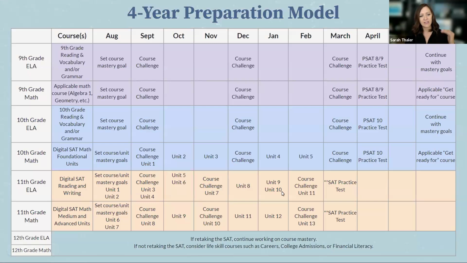And then finally, in this implementation guide, if you're thinking kind of holistically about getting students prepared to take the SAT throughout high school, we offer a suggested preparation model for what students can be doing in their 9th grade year, their 10th grade year, and then during 11th grade to prepare for the SAT. So this is really a 4-year plan.